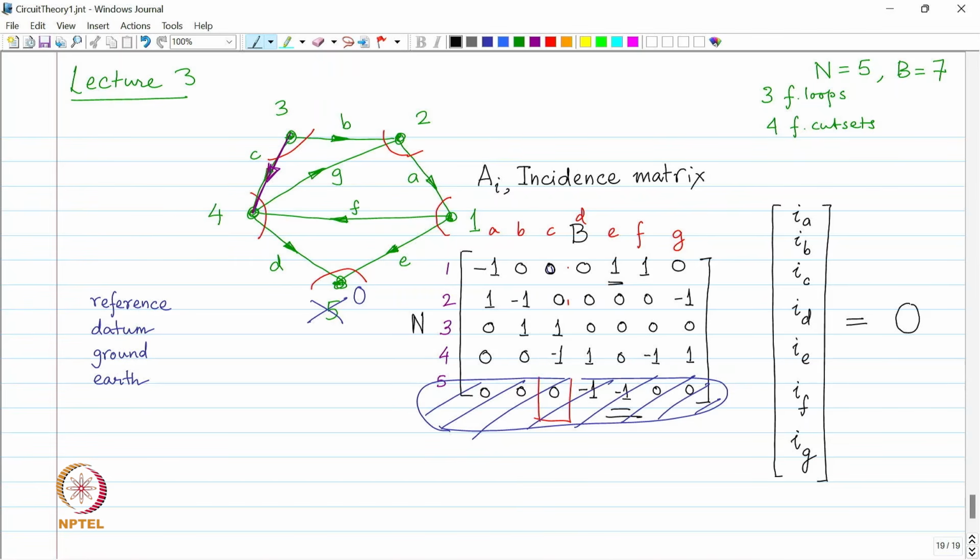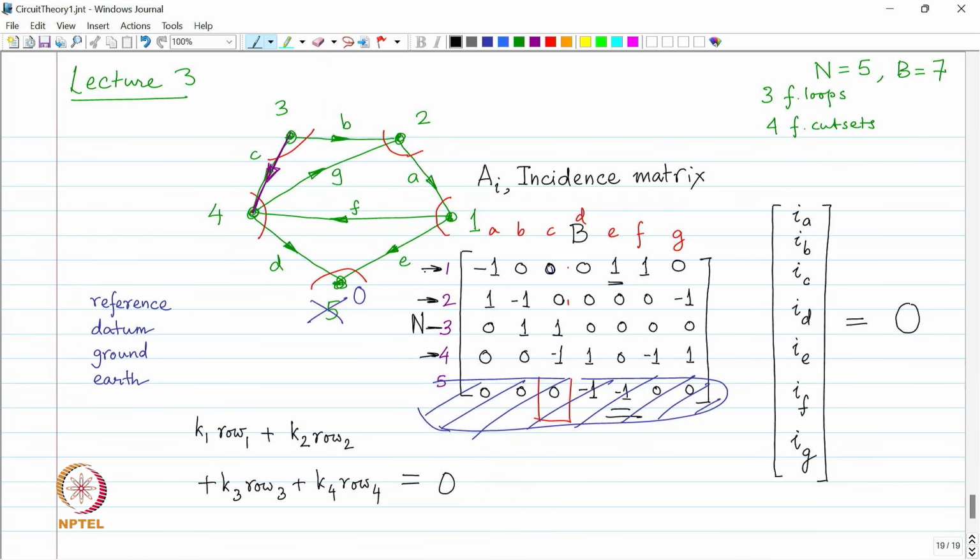How do you prove linear dependence? So, you just take the rows, right. These are my rows, row 1, row 2, row 3, row 4, row 5 is now ignored, right. And let us say I have these non-zero constants k 1 times row 1, k 2 times row 2 plus k 3 times row 3 plus k 4 times row 4. I have to find k 1, k 2, k 3, k 4 such that this sum is equal to 0.